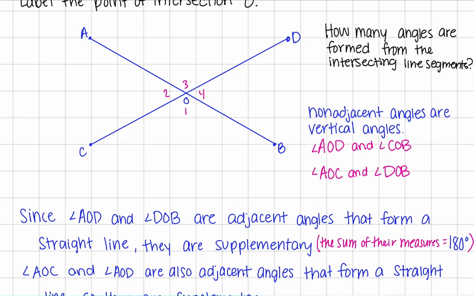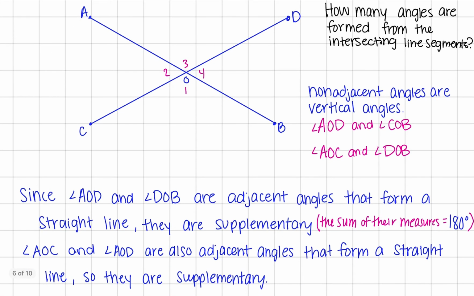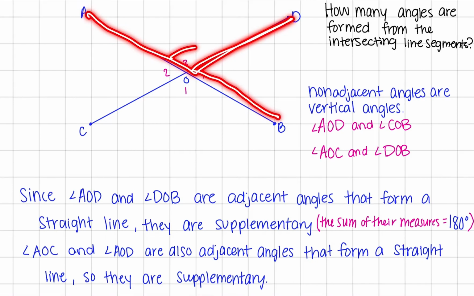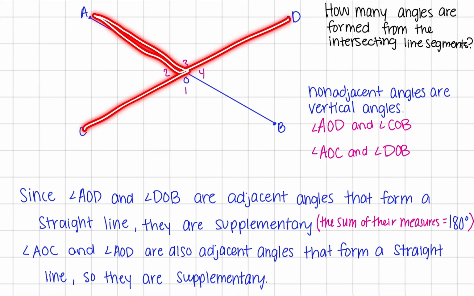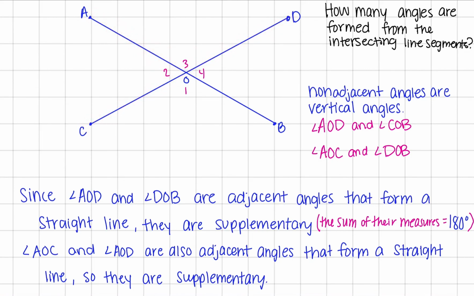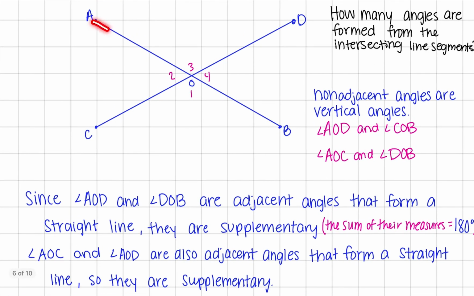And AOC and AOD are also adjacent angles that form a straight line. So they are supplementary. AOD and DOB form the straight line on this side, and AOC and AOD form the straight line on this side. So they share AOD.